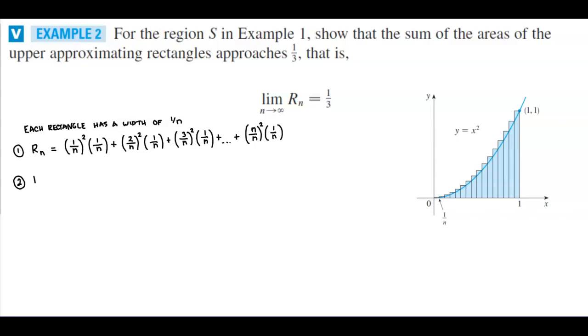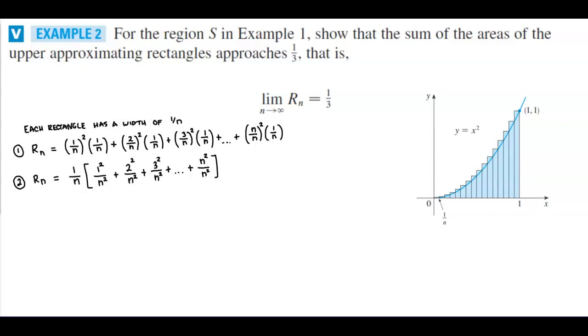So if we factor out the 1/n, then what we have left is 1 squared over n squared plus 2 squared over n squared plus 3 squared over n squared plus n squared over n squared.